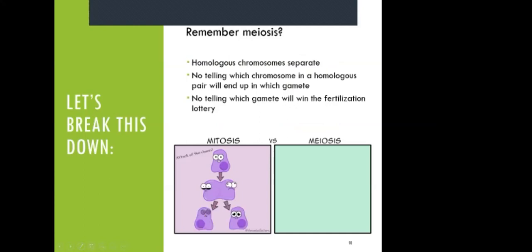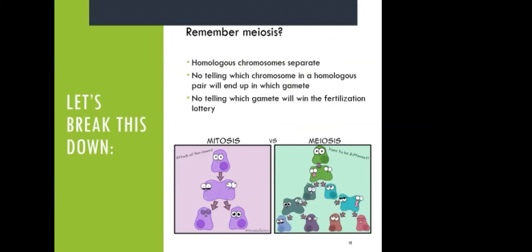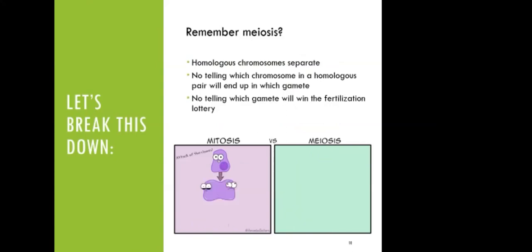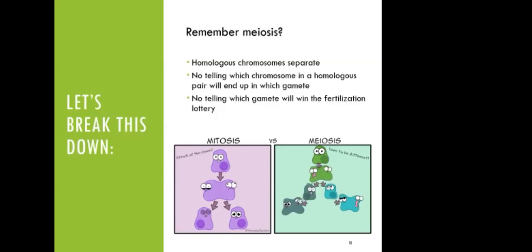All right, so meiosis and mitosis may have been a long time ago for some of y'all. During mitosis, cells are dividing and basically cloning themselves, so they're going to be pretty much the same as the parent cell. In meiosis, there's no telling what the resulting four cells at the end are going to contain.